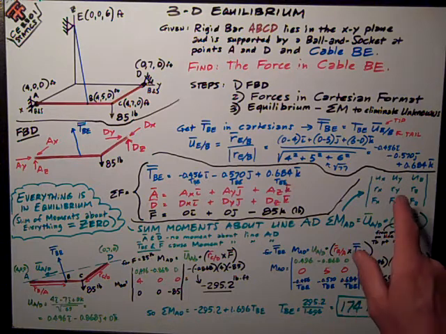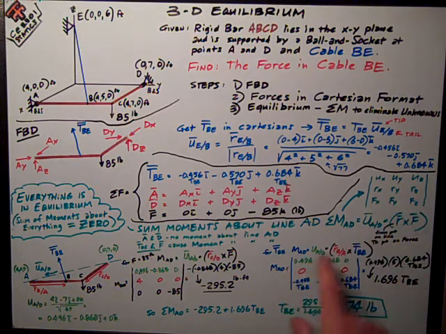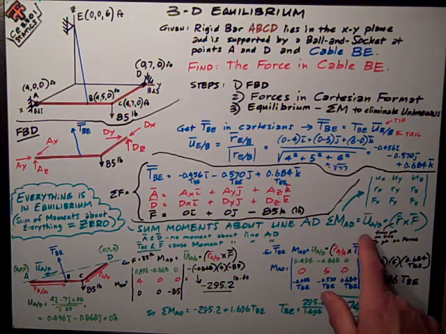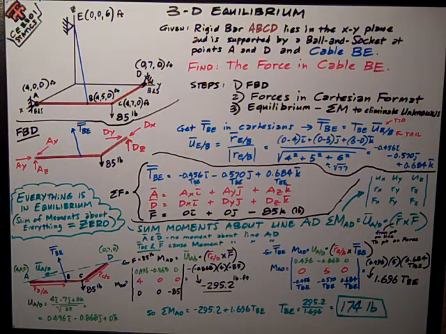So the first thing I need to do is get a unit vector. It doesn't matter which direction. I've chosen from D to A, but I could easily go the other way and get negative signs. So over here I've done the work. I have written the coordinates of A and D so that I can show the unit vector is the position vector divided by its magnitude. 4 minus 0, 0 minus 7, and 0 minus 0 on the top.